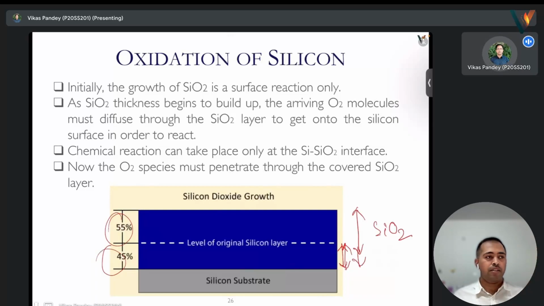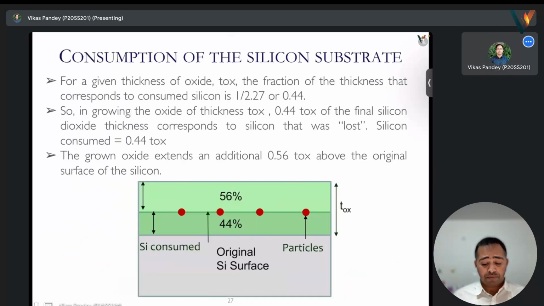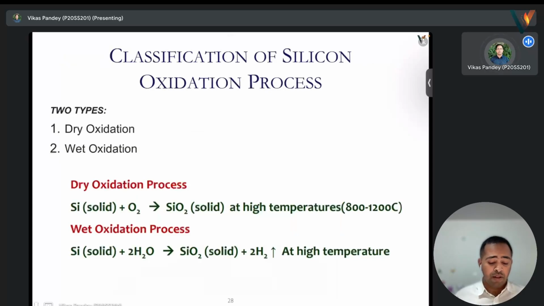So if someone asks, you can do this unitary method and reverse division, and find out how much silicon was used to make this much silicon dioxide, and in case you want to grow, say, 1 micrometer thickness of silicon dioxide, how much silicon will be used.